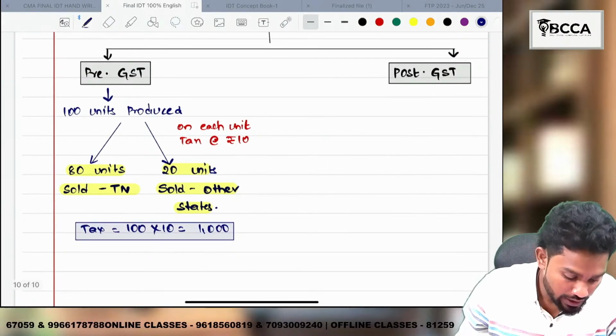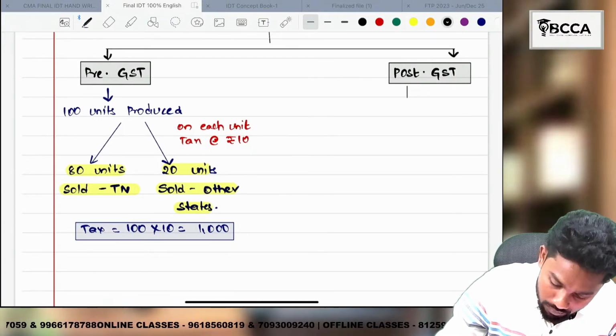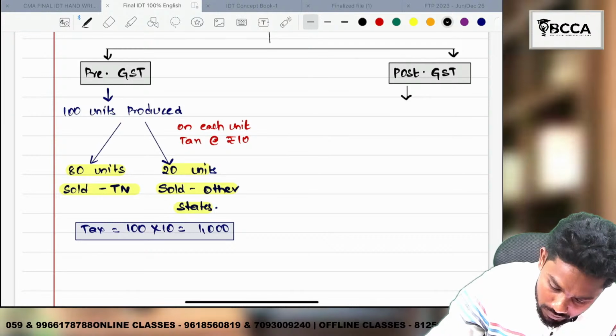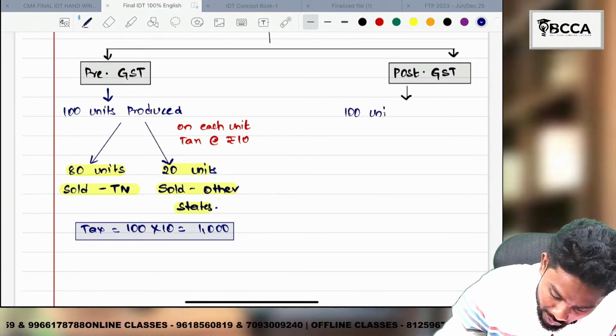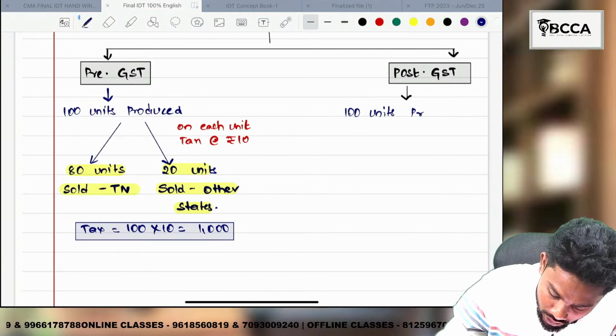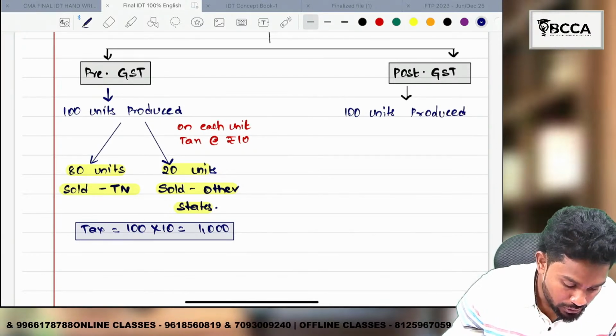Now post-GST, let us see what happened. 100 units produced.